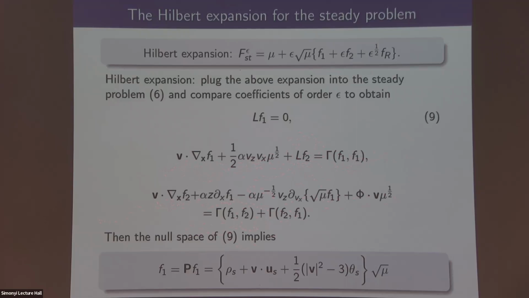These are separate equations that come up when you do the expansions. This one comes from the power epsilon. This one comes from the power epsilon squared F2. And this one comes from both of these two terms, but it doesn't come from here.